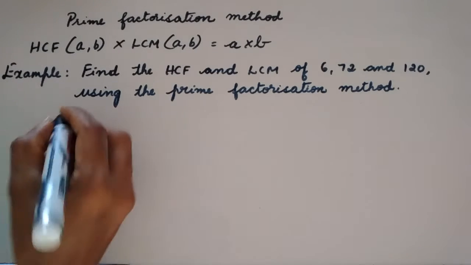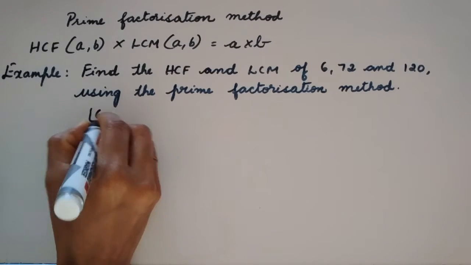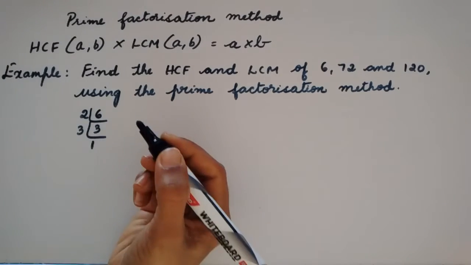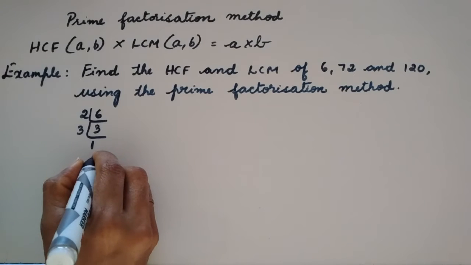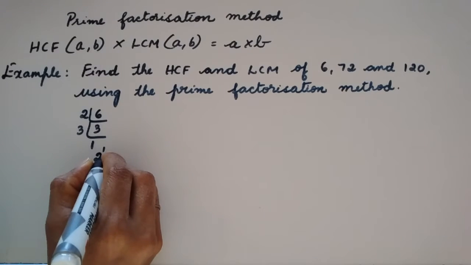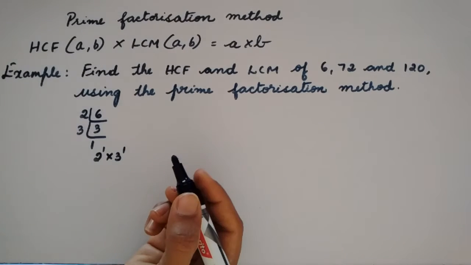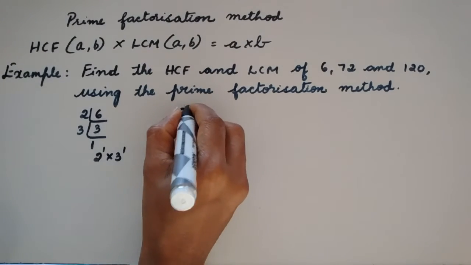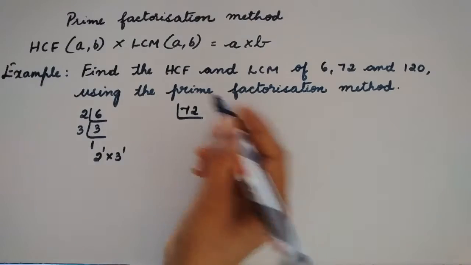First let us factorize 6. So 2 3s are 6, 3 1s are 3. So let us write the prime products: 2 to the power 1 into 3 to the power 1. Next let us factorize 72.